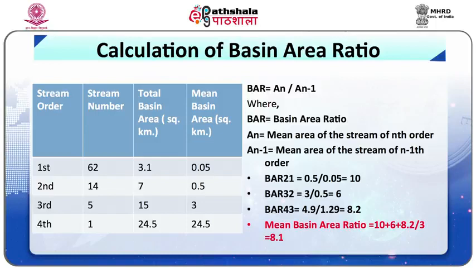It can be shown by the equation BAR = AN / AN-1, where BAR is basin area ratio, AN is mean area of the stream of the nth order, AN-1 is mean area of the stream of n-1th order.